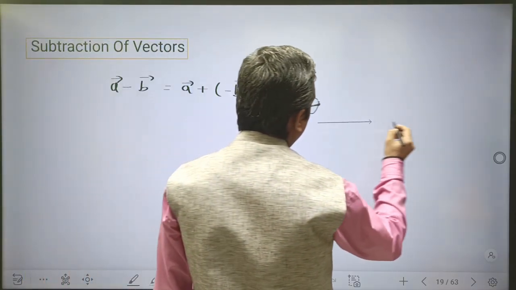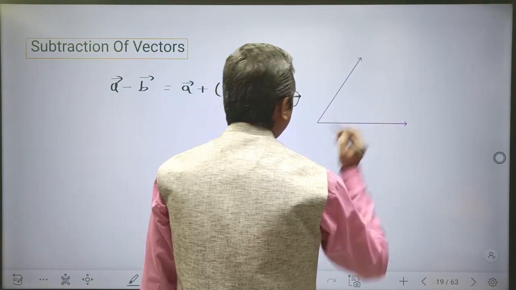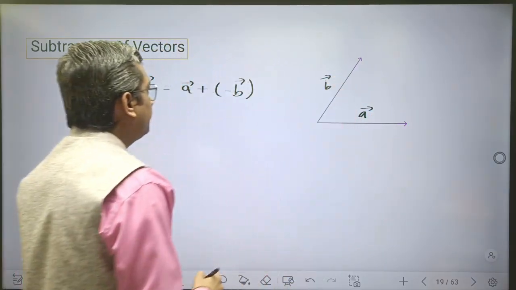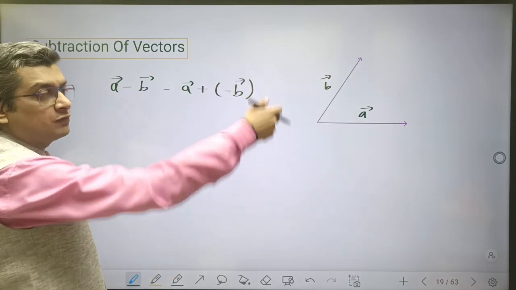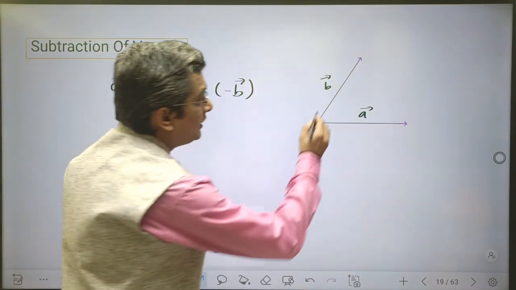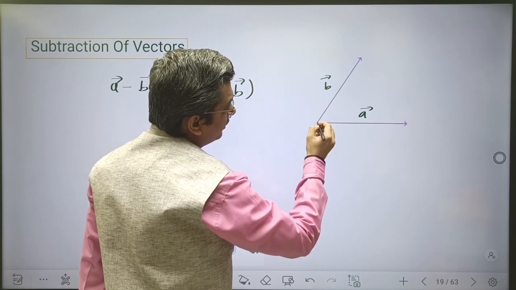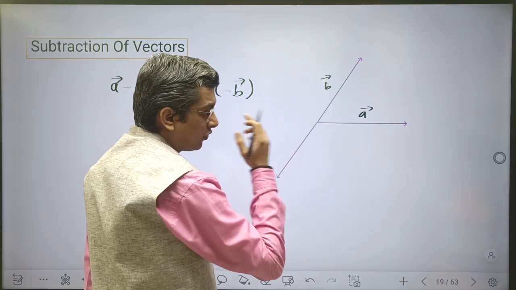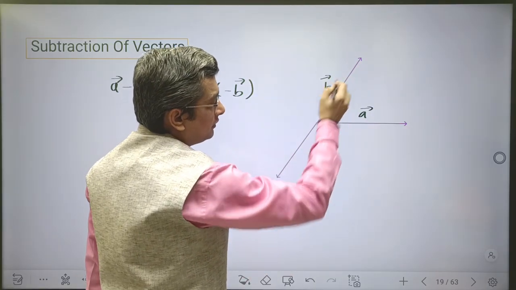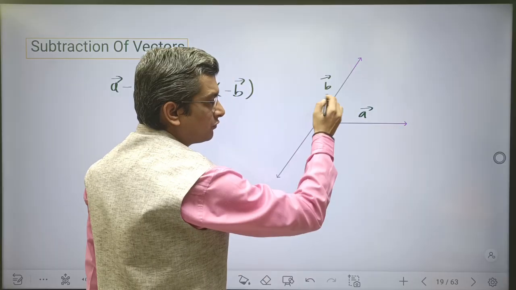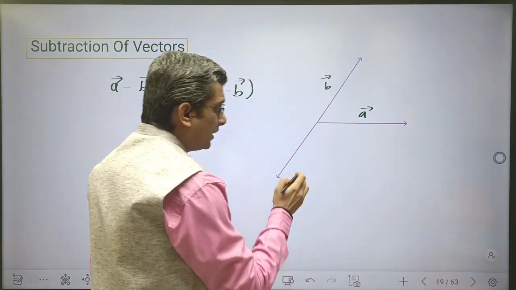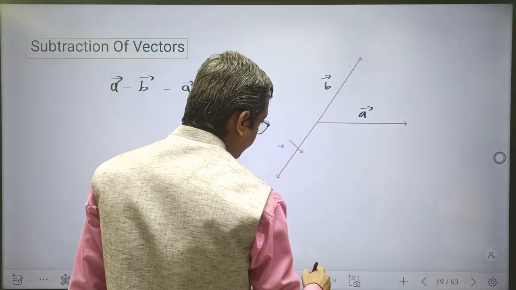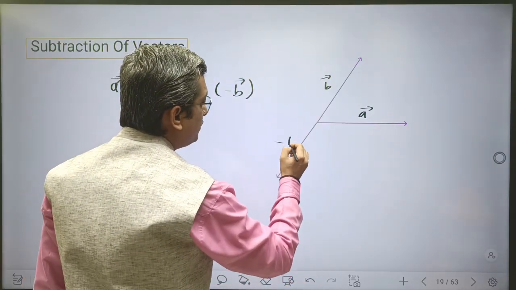Suppose this is vector A and this is vector B. So we have to add A with minus of B. If I draw a new vector that has the same length as vector B, that is, the magnitude of both vectors is the same, but the direction of this second vector is exactly opposite to the direction of B, then this vector will represent minus of B vector.